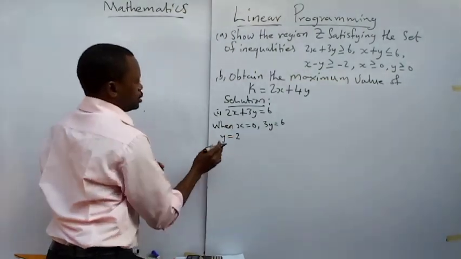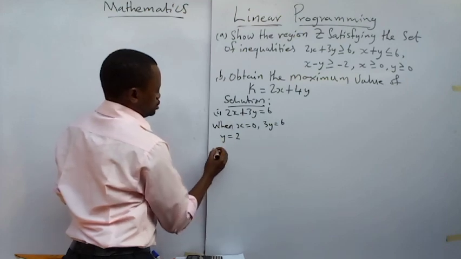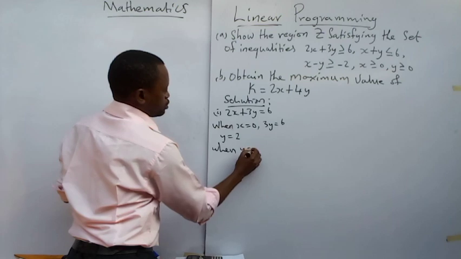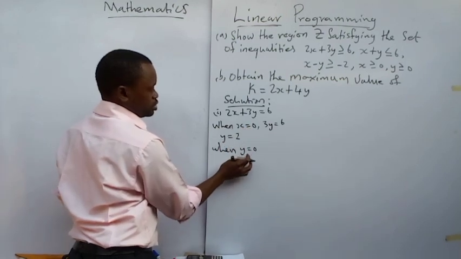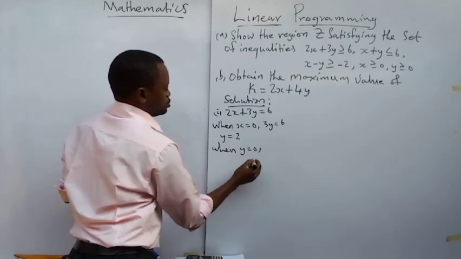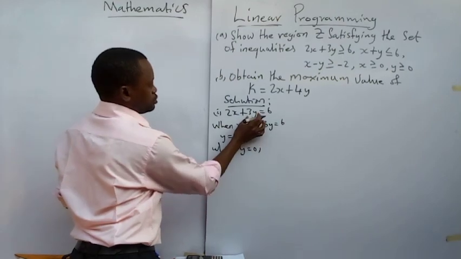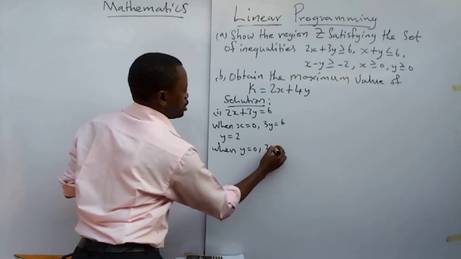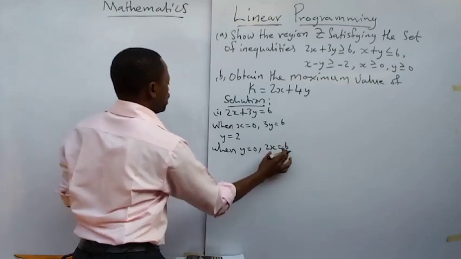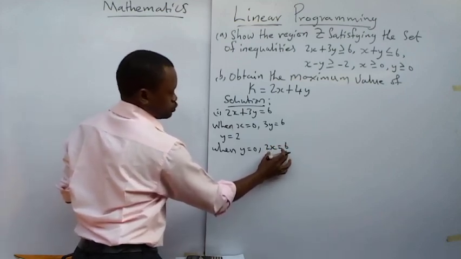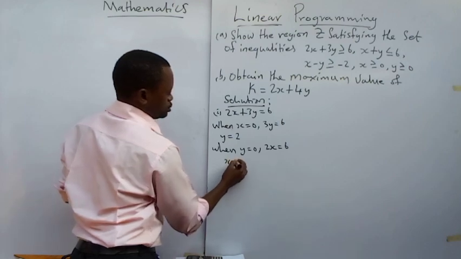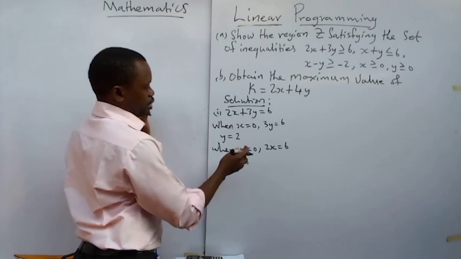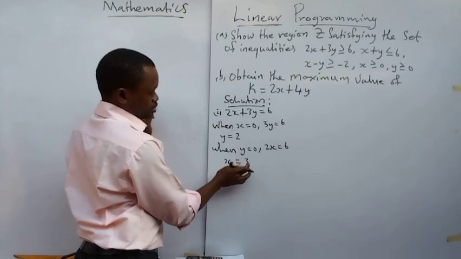You keep that, and then you come back and say when y is equal to 0. We declared x to be 0 before, here you declare y to be 0. If y is 0, the 3y will vanish and this will remain. We now have 2x = 6. If you divide both sides by 2, x will be equal to 3. So in that graph, the y-intercept is 2 and the x-intercept is 3.